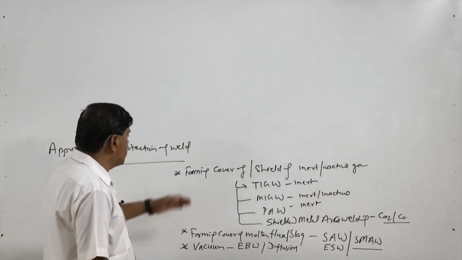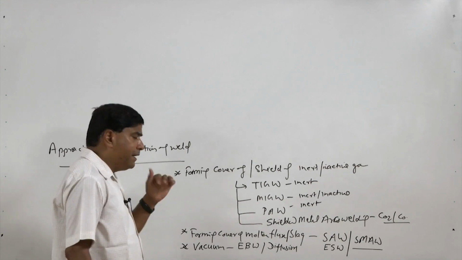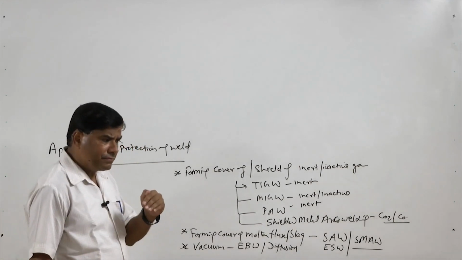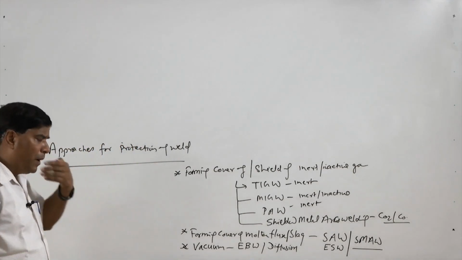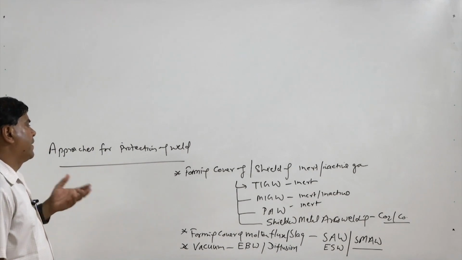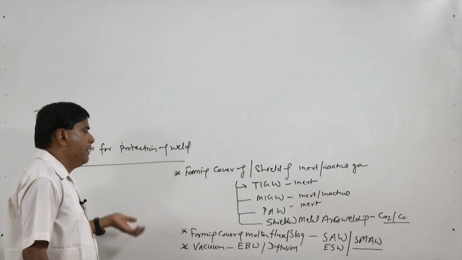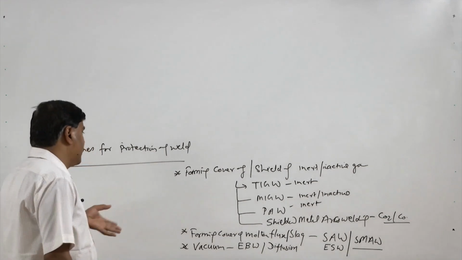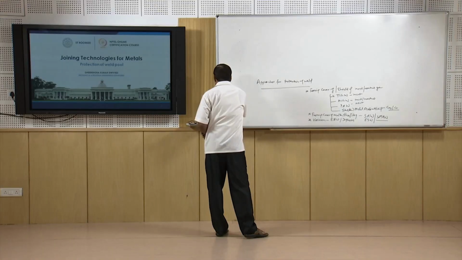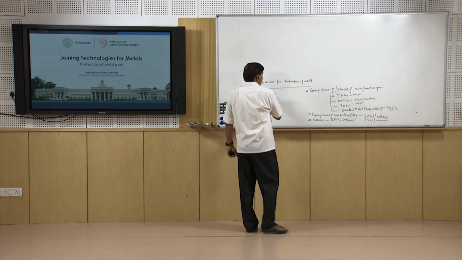Since the approaches are different and the welding conditions are different while actually welding, the kind of protection which becomes available to the weld metal becomes different, and accordingly the quality of the weld which is made is also found to be different.